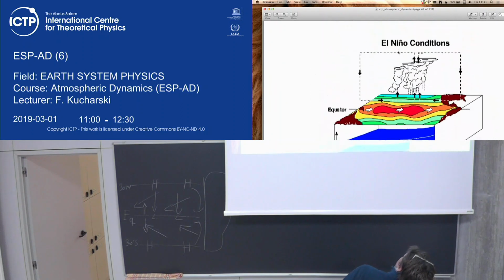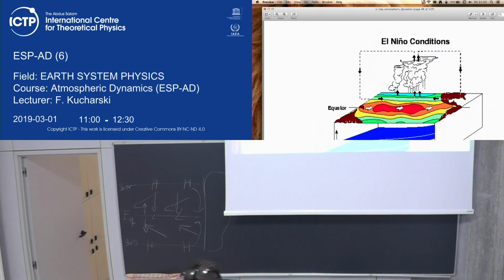Professor, excuse me, why is it that this is only in the Pacific? Because there is more surface to be heated. It's actually also happening in the Atlantic. But people have been in the past more concerned about the Pacific because there's so much more water there that the teleconnections are just more powerful.